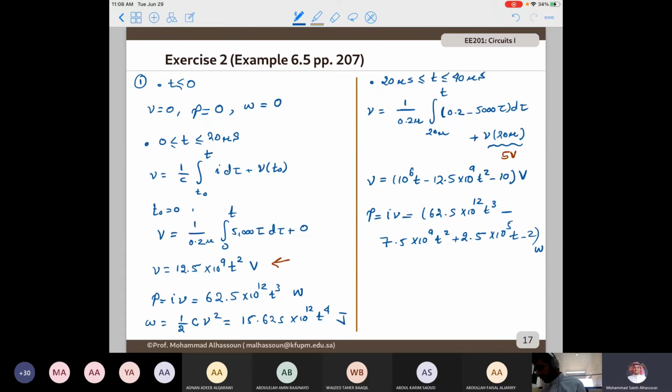For the energy, it is going to be 1/2 CV squared, and it's going to be 15.625.